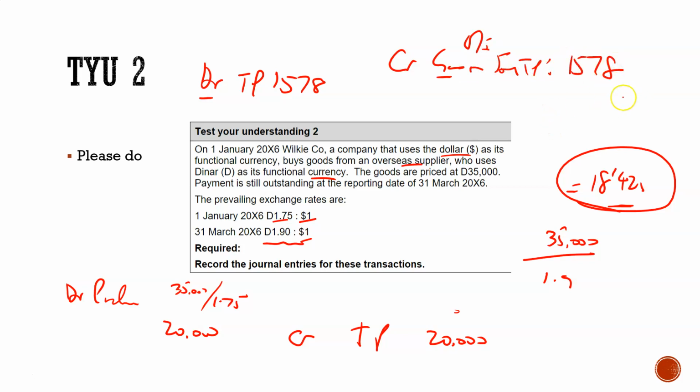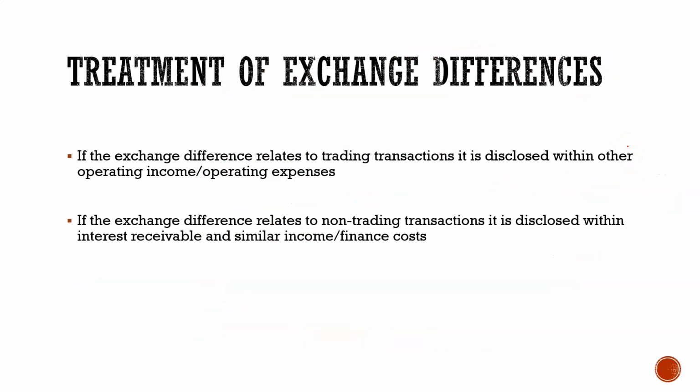Remember, this could have gone against you, so it's just reacting to the question. You'd now see your outstanding balance in your trade payable account would be 18,421. If the exchange difference relates to trading transactions, we disclose it within operating income, and if it relates to non-trading transactions, we disclose it within interest receivable or other income or something along those lines.